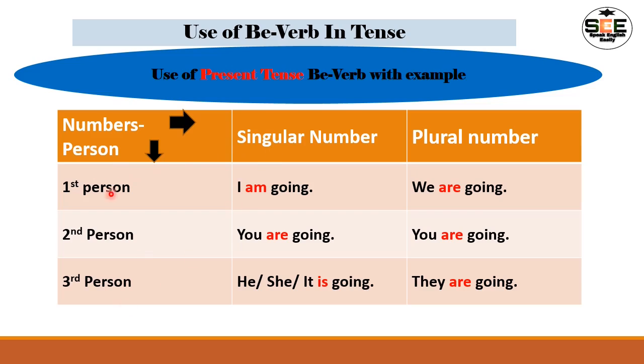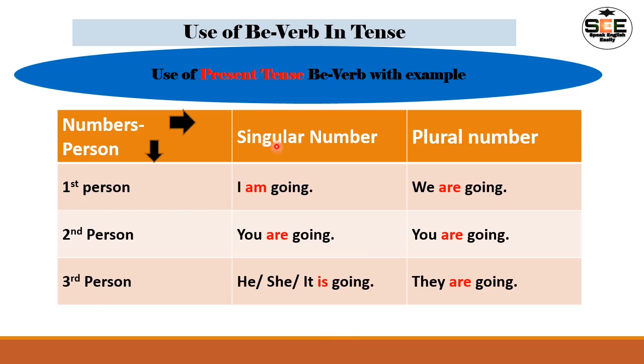So first person singular number in present tense we can say I am going, and first person plural number in present tense, we are going. Second person in singular number in present tense, you are going, and second person plural number in present tense, you are going.